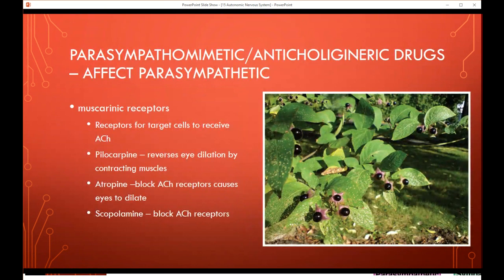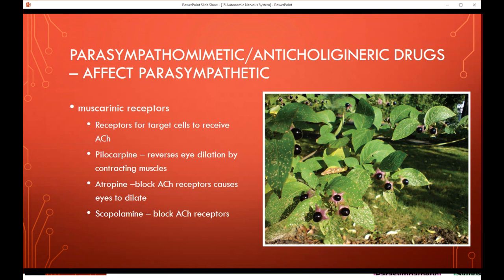So also these parasympatholytic drugs or anticholinergic drugs are going to affect our parasympathetic system. And these little berries here, people used to eat the berries and try to cause this response, though I don't think that's really prevalent anymore. But there are different ones, for instance, atropine. Maybe you've heard of atropine.